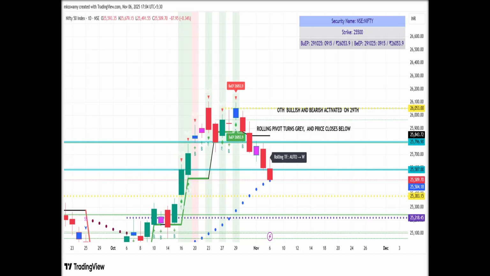They made a lot of traps and moves, but finally bears won the game. Now price has come down from 26,050 and is trading around 25,500.